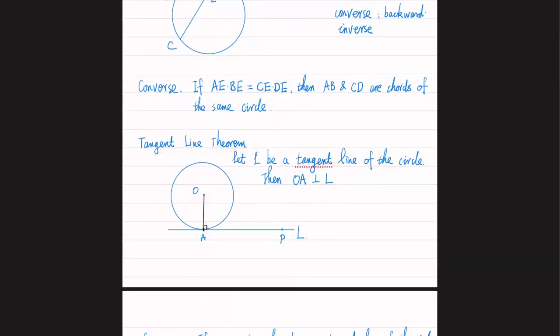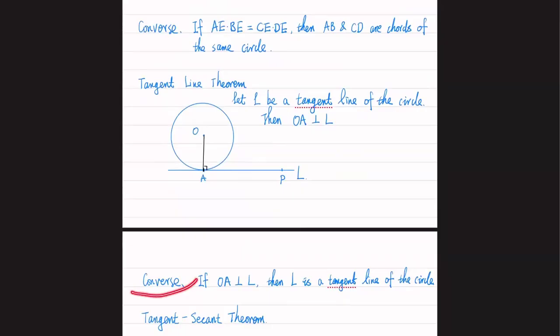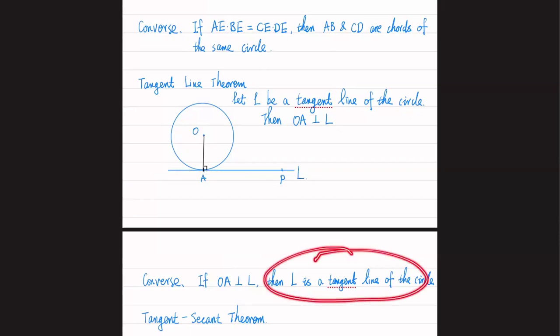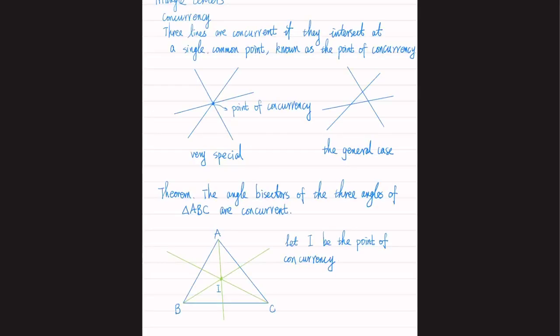And also we learned the converse of the tangent line theorem. The converse is if this is perpendicular, then this line must be a tangent line. So we will apply this to our case here.